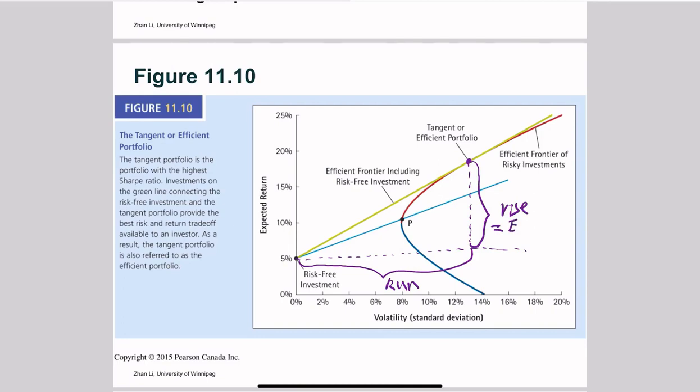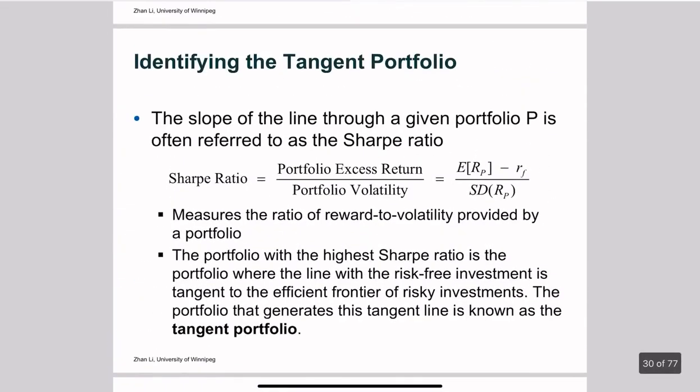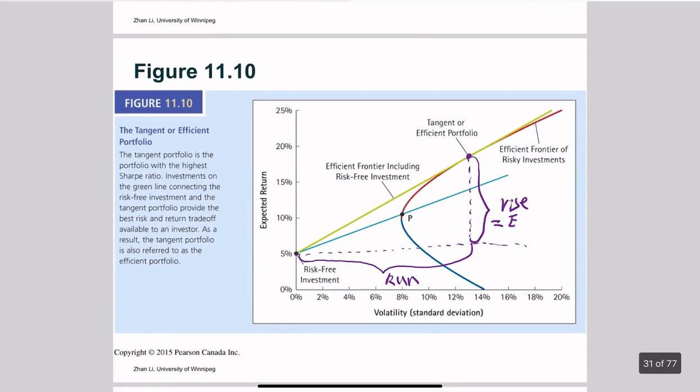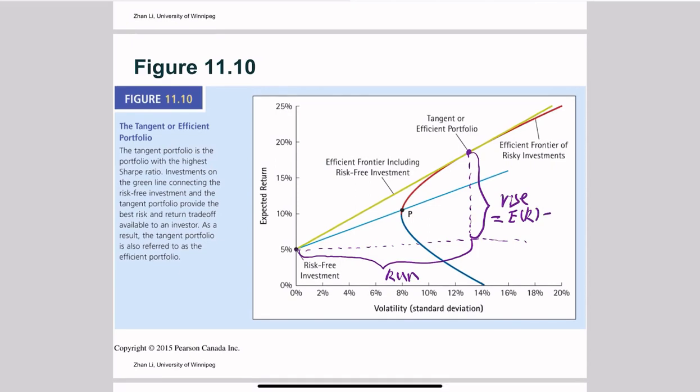the expected return of the tangent portfolio. Do we have a name for tangent portfolio? Okay, I'll just use ER. So the expected return of the tangent portfolio minus 5%, which is the risk-free rate. And what is run here? The run equals the standard deviation of this tangent portfolio. Let's call this sigma p, where sigma represents standard deviation.